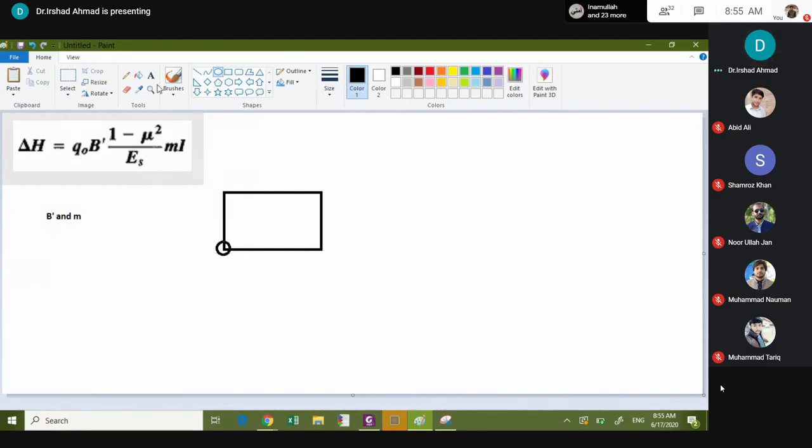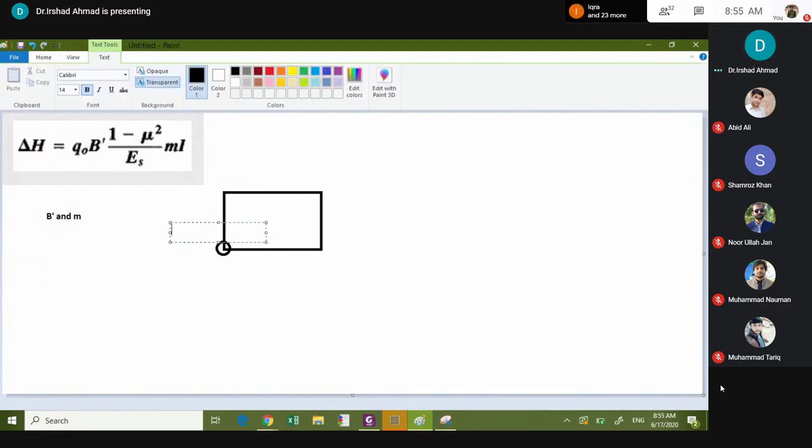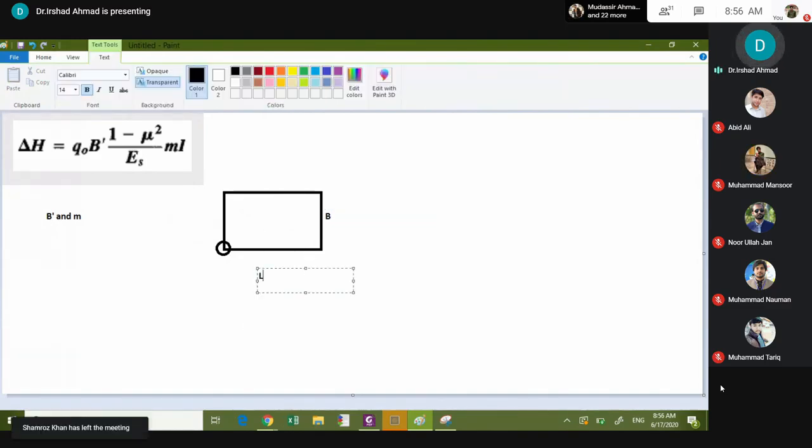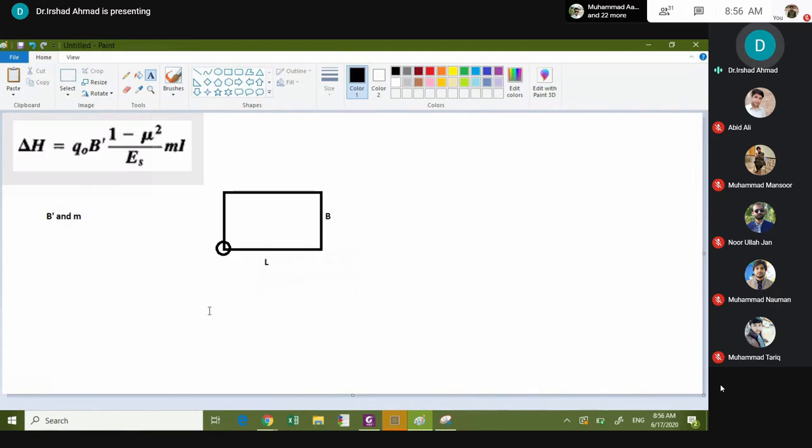This is B, the width of the footing, and this is L, the length of the footing. So this delta H equation is primarily applicable to find settlement under the corner of a footing.